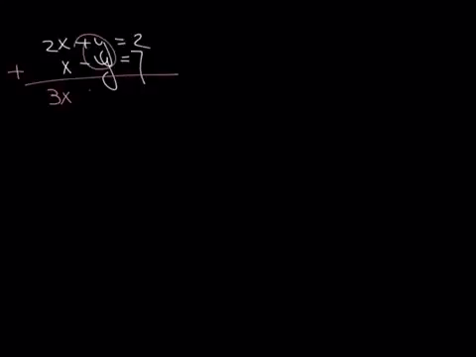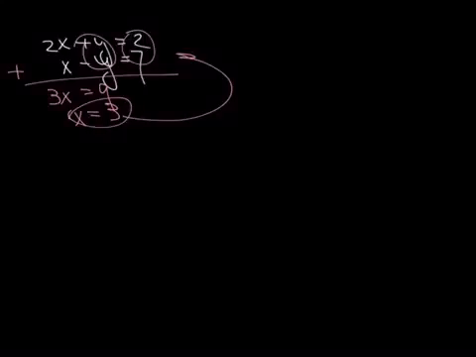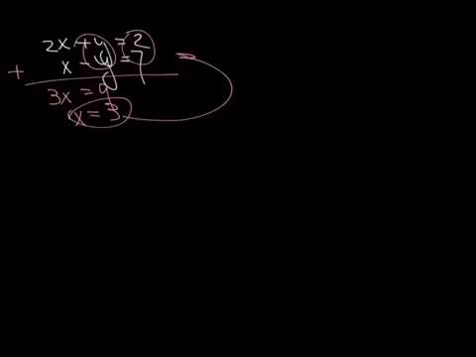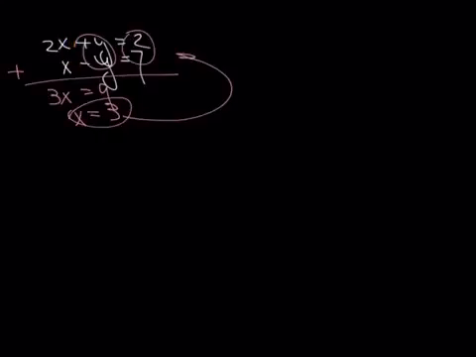We add these, we get 0. We add these, we get 9. x equals 3. And we just found out what our x value is. We can take that 3, plug it into either one of these equations, doesn't matter, and we find our y value, and we find that that's negative 4. So 3, negative 4 is our answer, and that's where both of these equations cross.